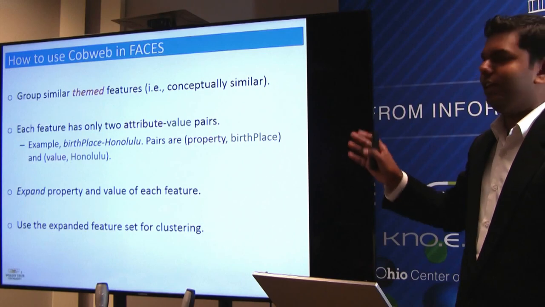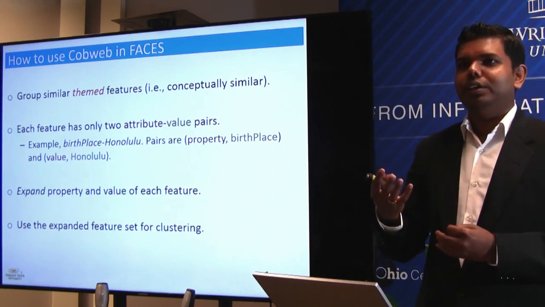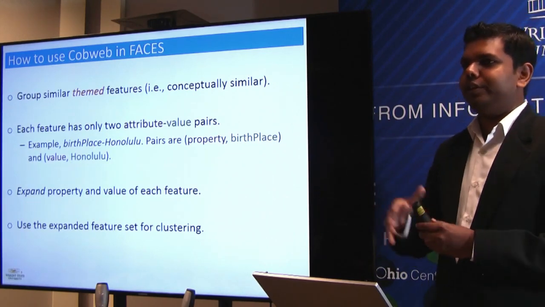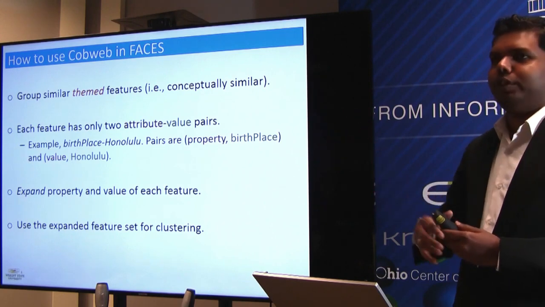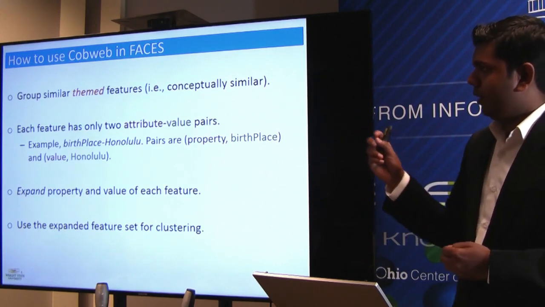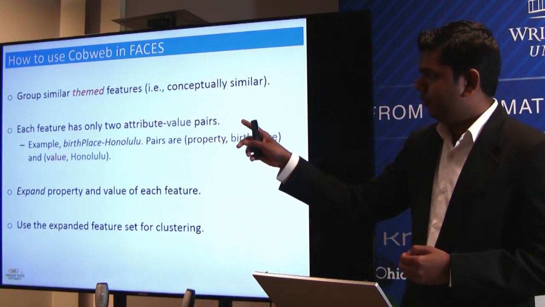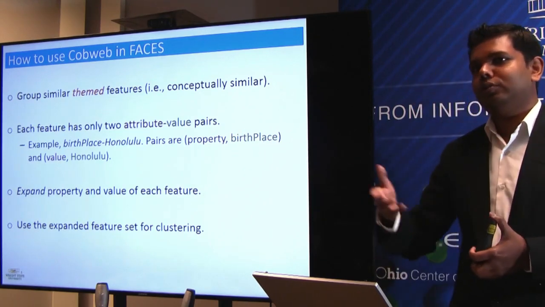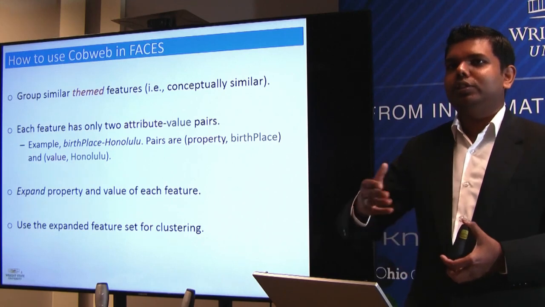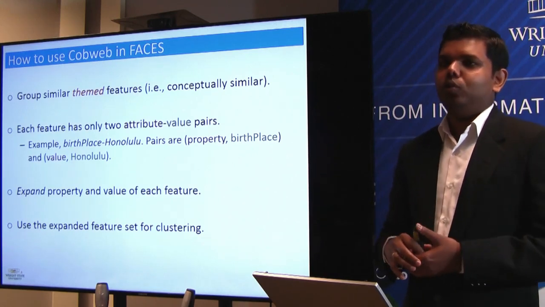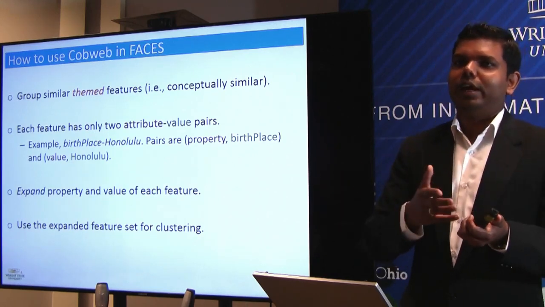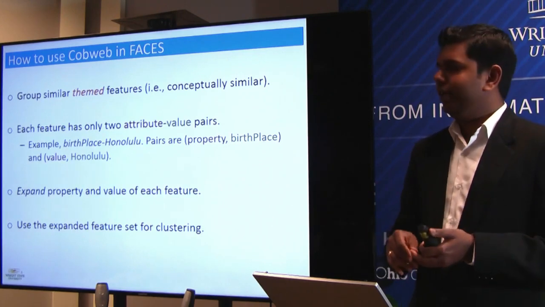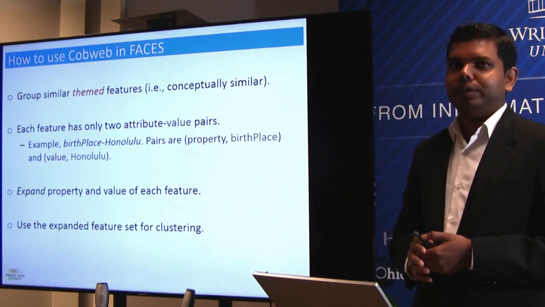There is another challenge that we face because we process triples and then extract features from the triples. For example, take this feature, birthplace Honolulu. The clustering approach that we use, COBWEB, uses attribute value pairs. The more attribute value pairs the items have that we need to group, the better the clustering quality.